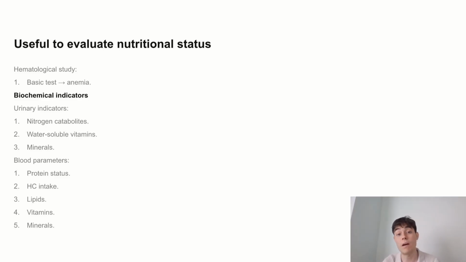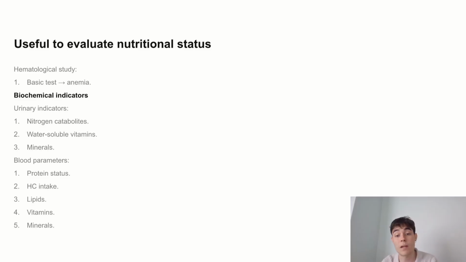So if we find low levels of water soluble vitamins in urine, we can determine that maybe that patient has a deficiency. And the last one is minerals, whose concentration is reduced in case of deficiency, as we said before with the water soluble vitamins.